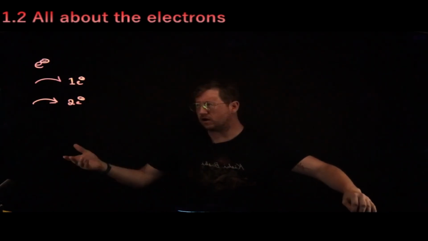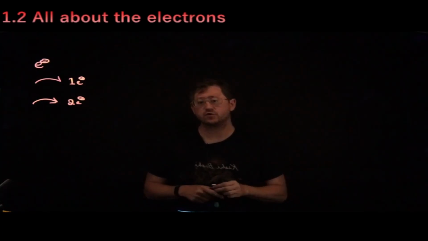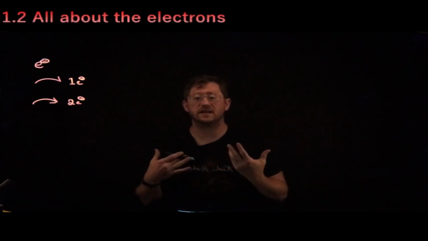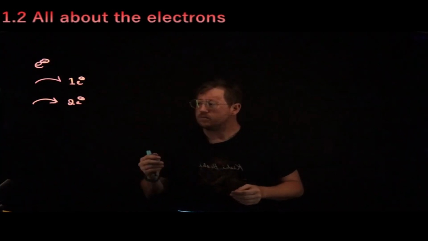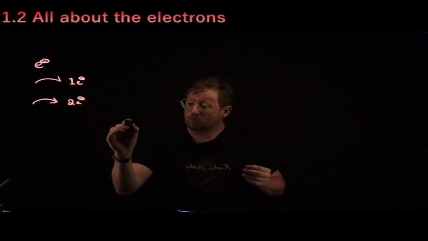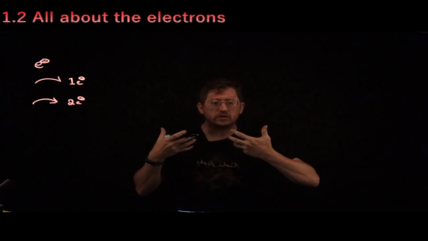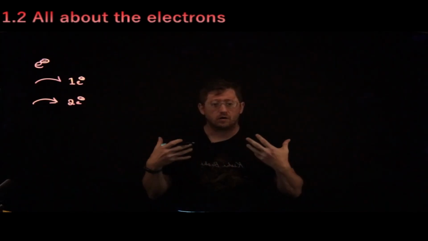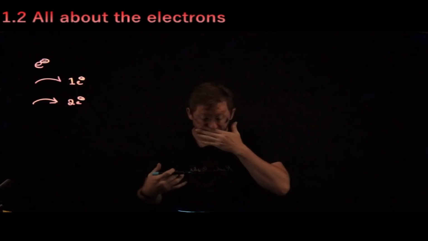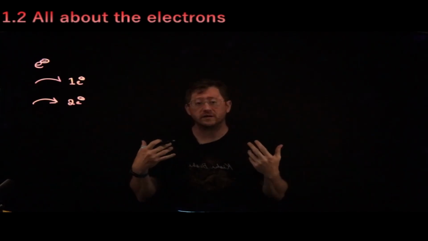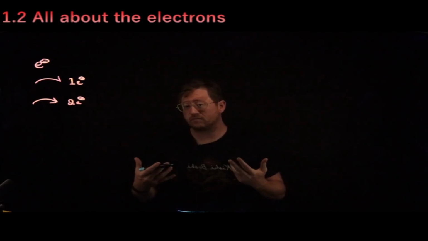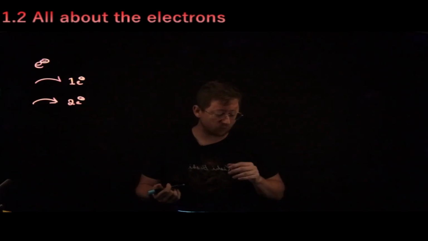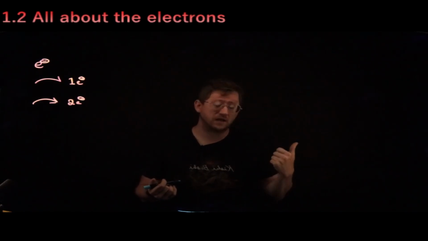Now, the other way to represent electrons is in the space that they occupy. What do I mean by that? Well, as we go through this idea of what electrons are and where they are and how they behave, we're going to encounter electron orbitals. Now, there are 3 types of relatively common electron orbitals that we will encounter in chemistry.